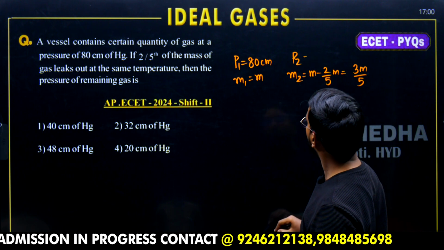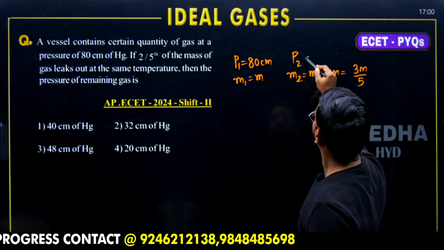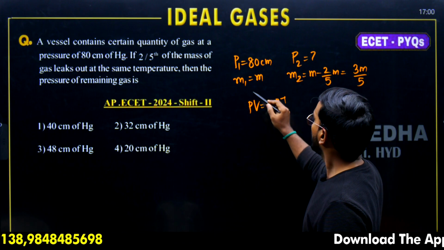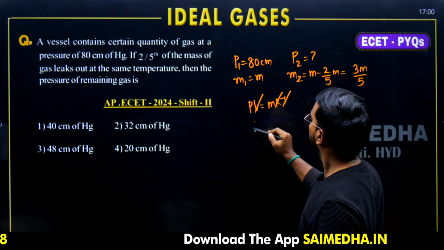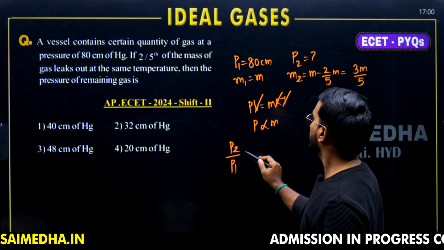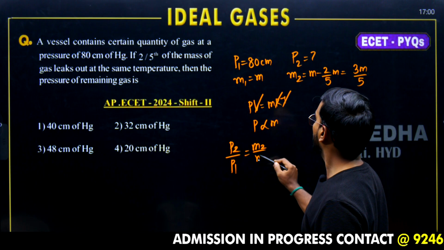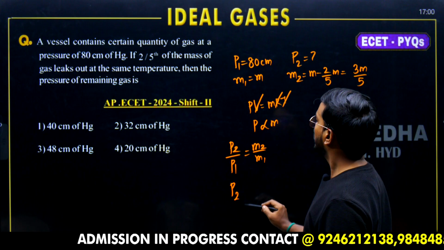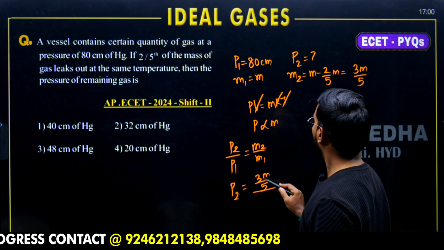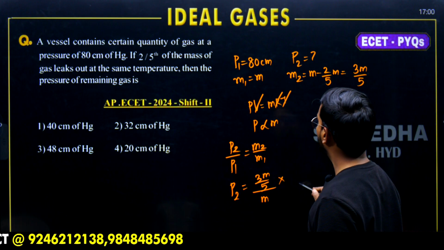P2 is equal to what? We know PV is equal to mRT. Assuming everything else as constant, P is directly proportional to mass. So P2 divided by P1 is equal to M2 divided by M1. P2 is equal to M2, which is 3M by 5, divided by M1, which is M, into P1.